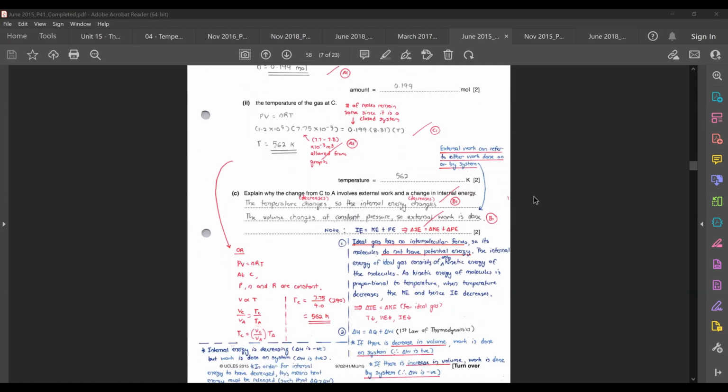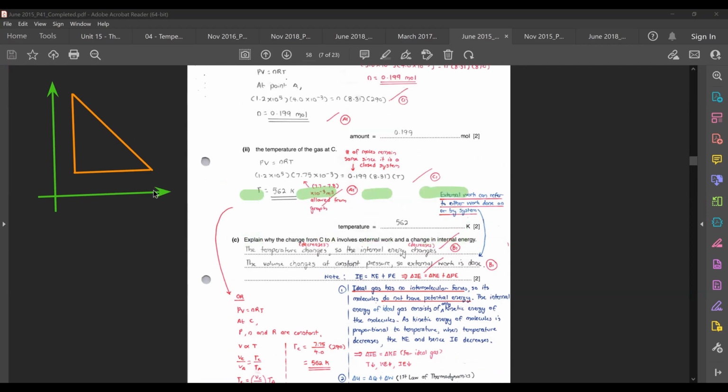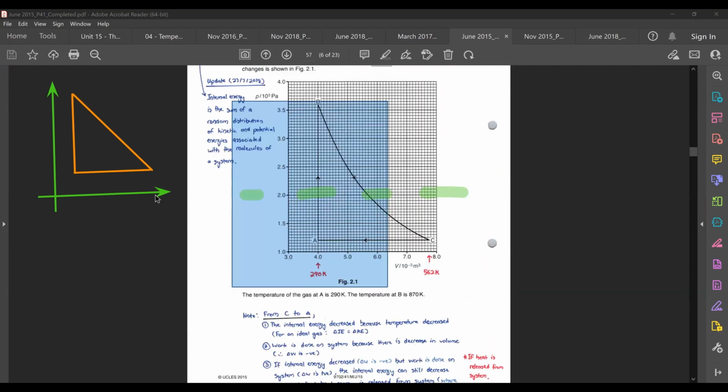Now for part C, they want you to explain why the change from C to A involves external work and a change in internal energy. Okay, so if you recall the graph that you had just now, it looks something like this, going from A to B to C, and this is a pressure volume graph.